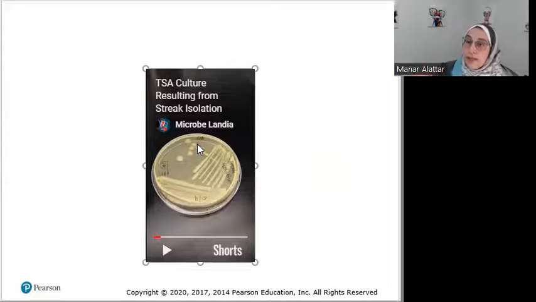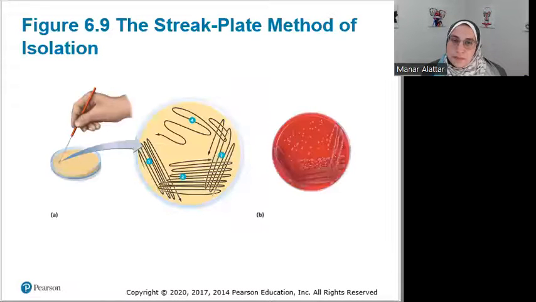I've included a video with the whole procedure for streak isolation below as well. So you can see this method for how we would isolate an individual colony off of a petri dish.